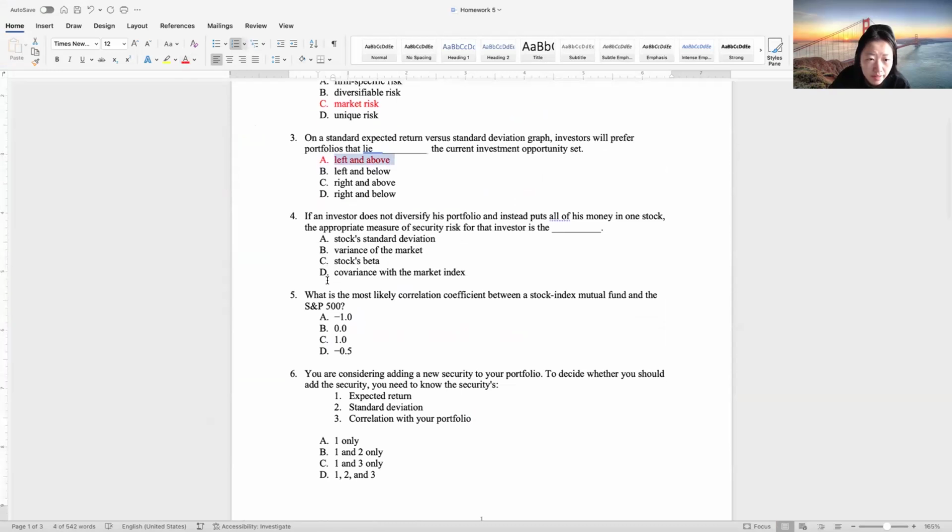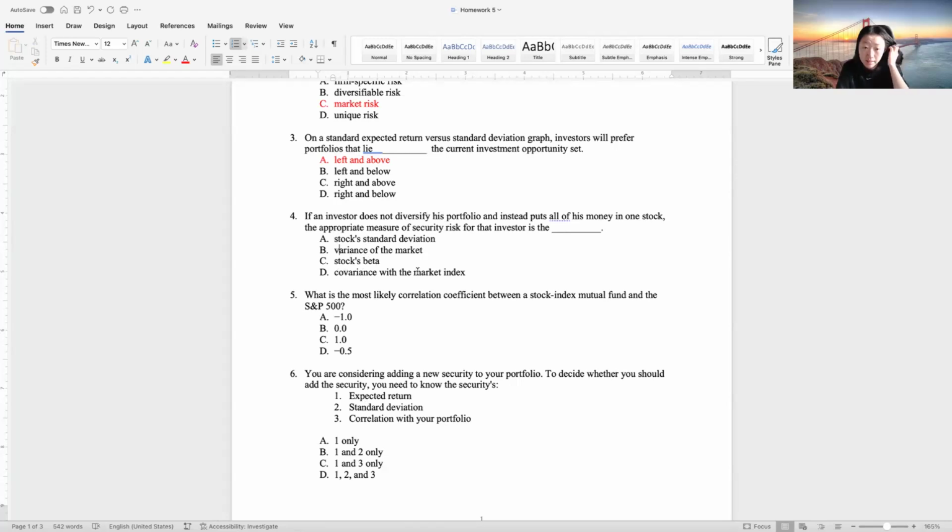Next, if an investor does not diversify his portfolio and instead puts all of his money in one stock, the appropriate measure of security risk for that investor is A, stock's standard deviation, B, variance of the market, C, stock's beta, D, covariance with the market index.